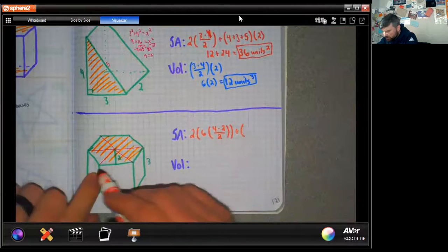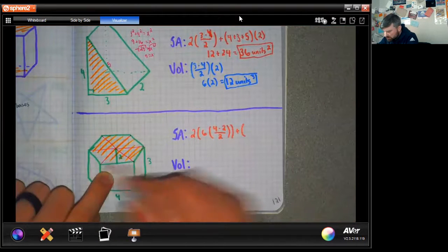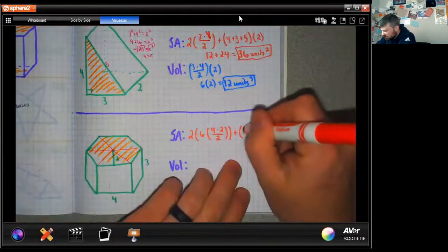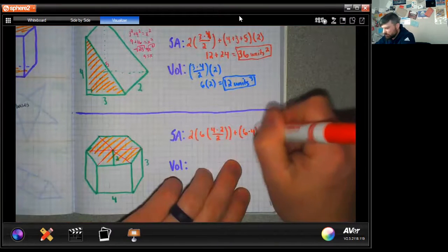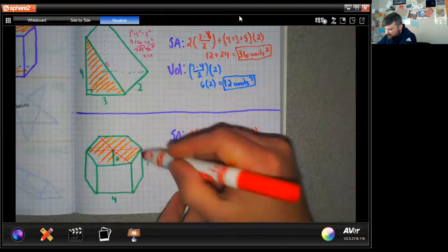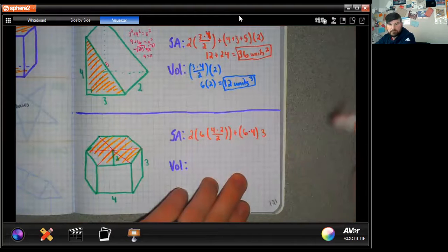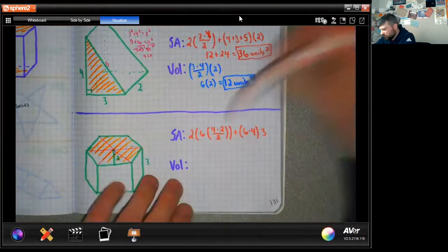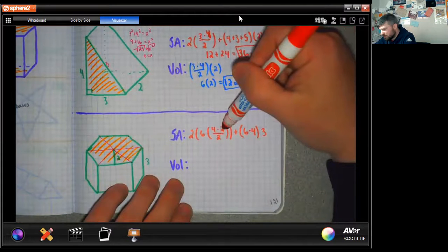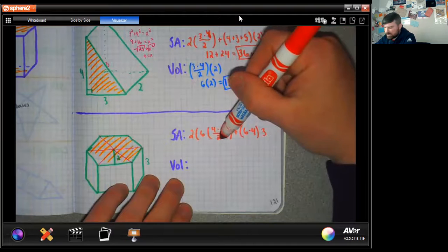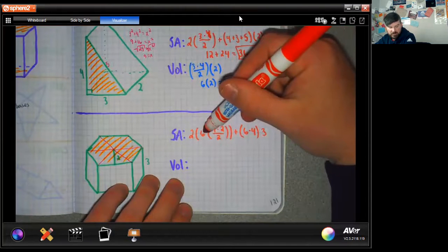This is 4, but I've got 1, 2, 3, 4, 5, 6 of those. So we can say 6 times 4 for the perimeter, times how far the bases are away from each other, which is 3. Then we just need to solve and reduce this thing. So 4 times 2 is 8. 8 divided by 2 is 4. 4 times 6 is 24.